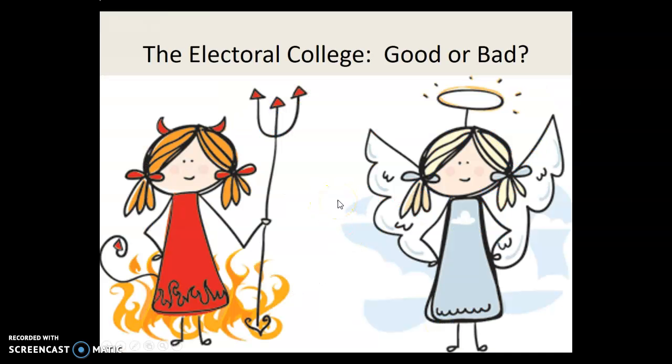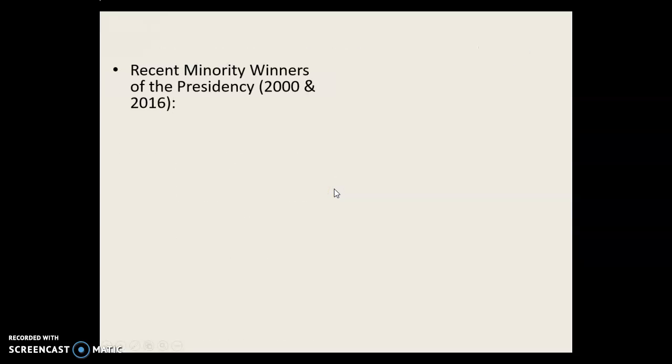So let's look and see whether or not this electoral college business is a good idea or a bad idea. To begin this discussion, I think it's important to understand that there have been several minority winners of the presidency. By that I mean people have won the electoral college vote who did not win the popular vote of the country. More people voted for their opponent, and yet they were able to become president with fewer votes, but more electoral college votes.